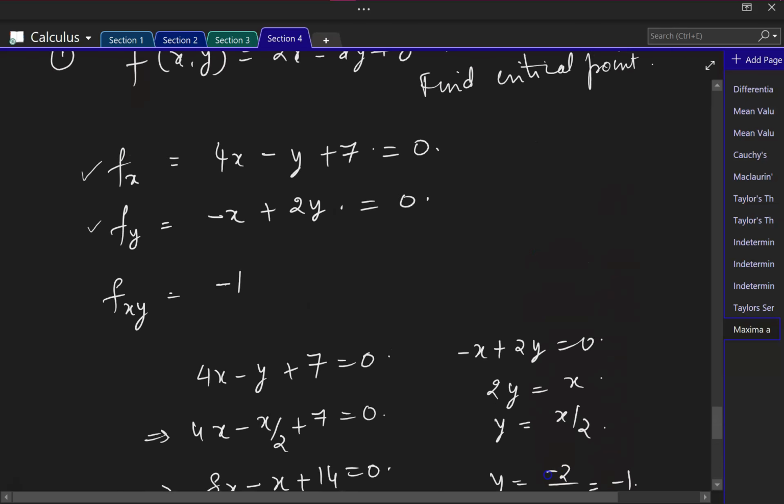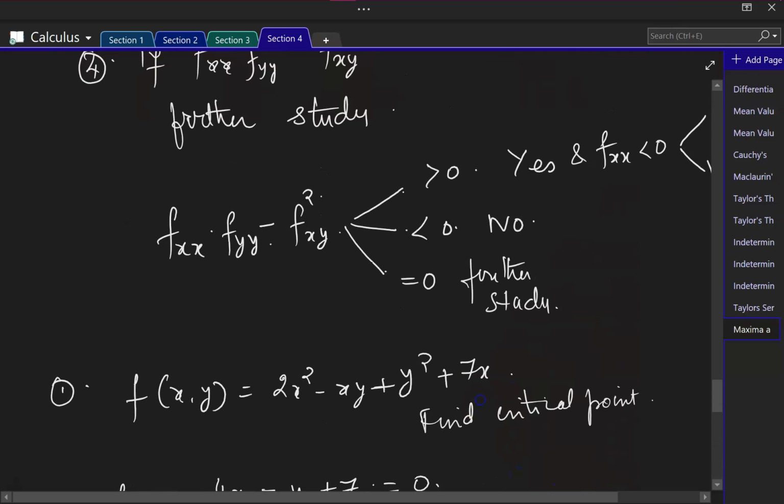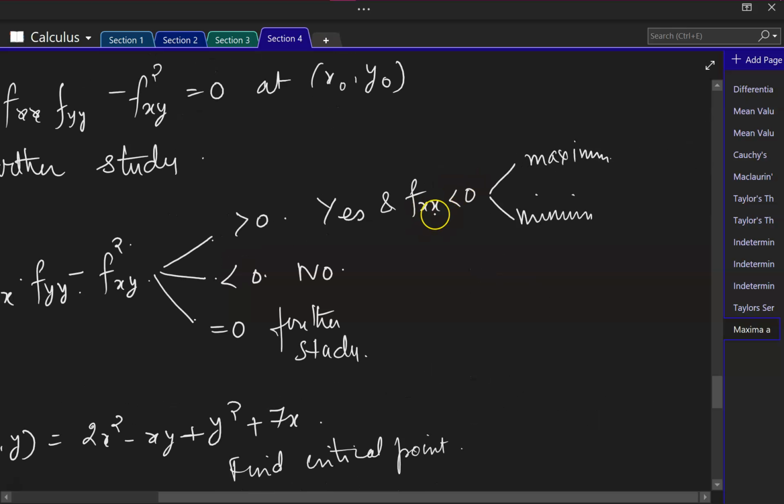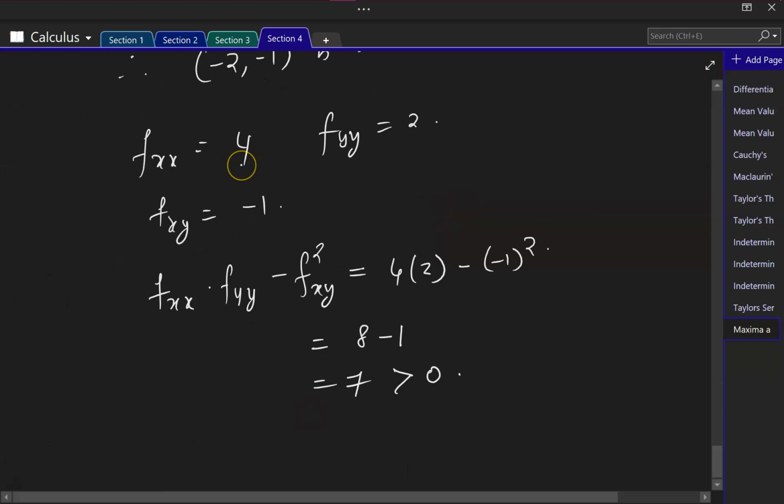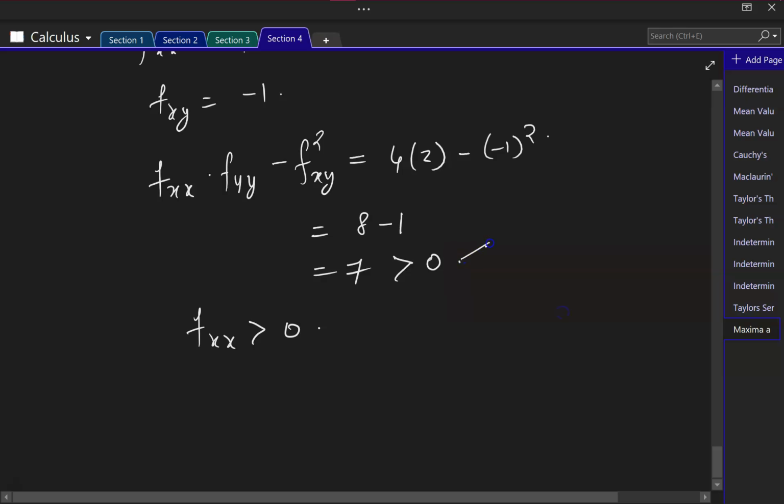So use this decision tree. It is greater than 0. Is the second partial derivative with respect to x less than 0? It is greater than 0. So which means fxx is greater than 0. Both are greater than 0.